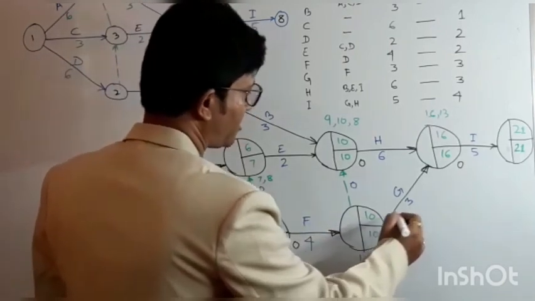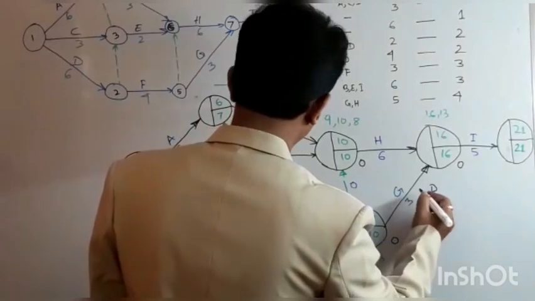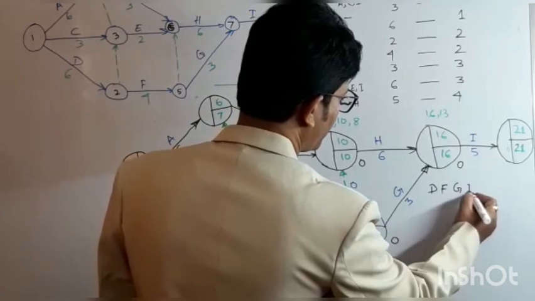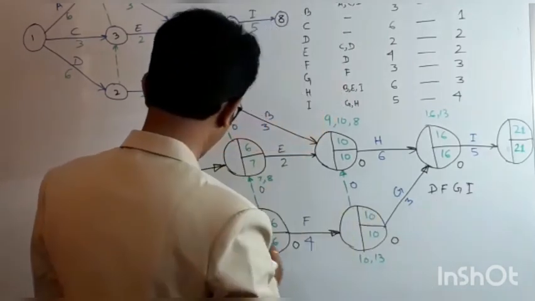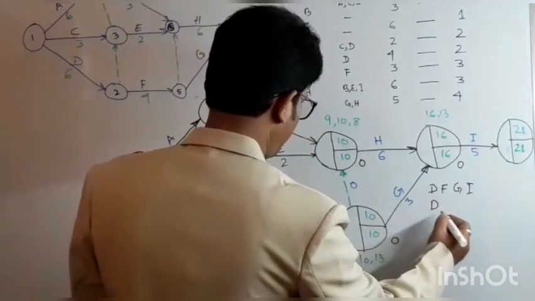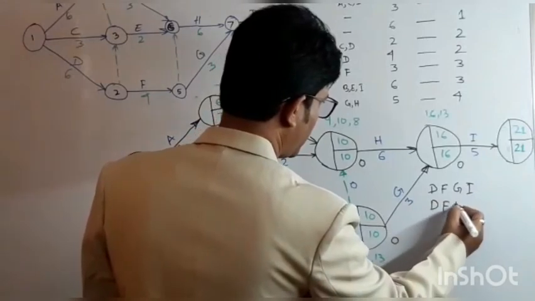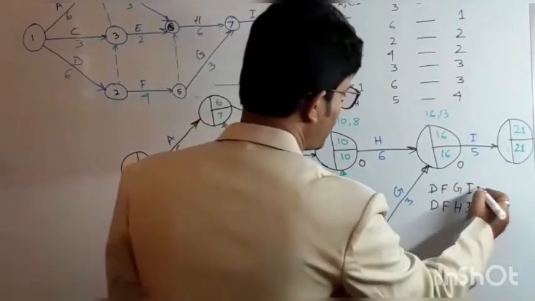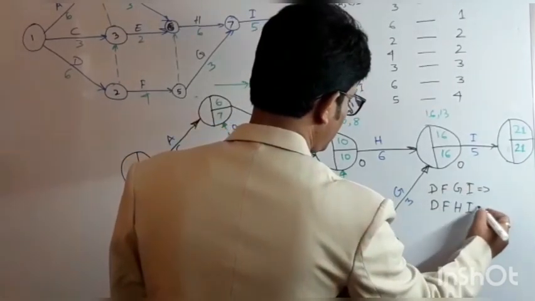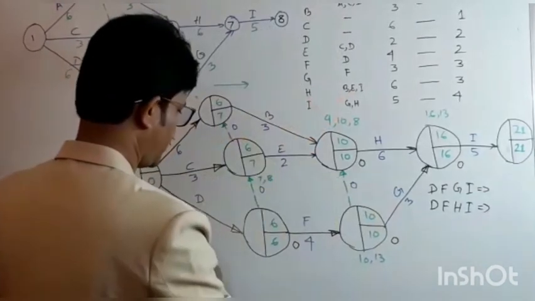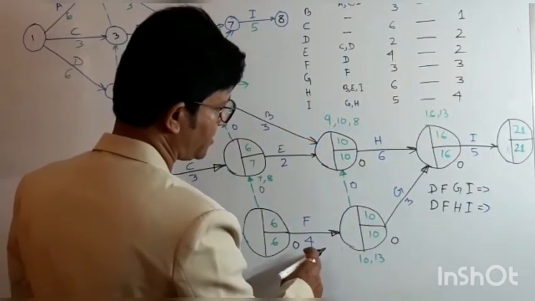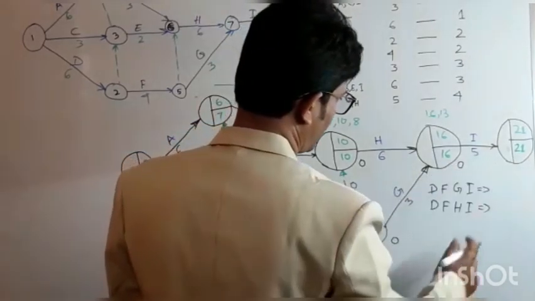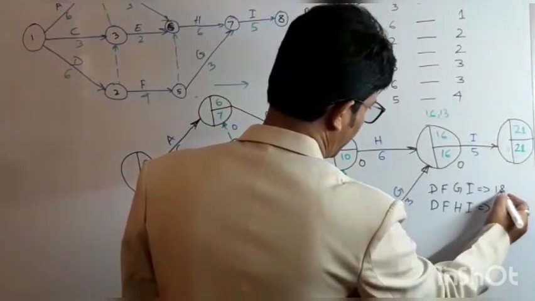There may be a critical path, we can say it's D, then F, G, I, or it may be D, F, H, I. Now DFGI has how many units? This is 6 plus 4, this is 10. 10 plus 3 is 13, and 13 plus 5 is 18. So this has 18 units.